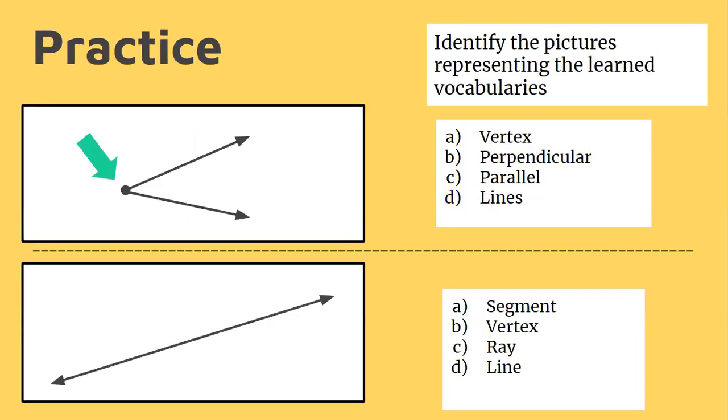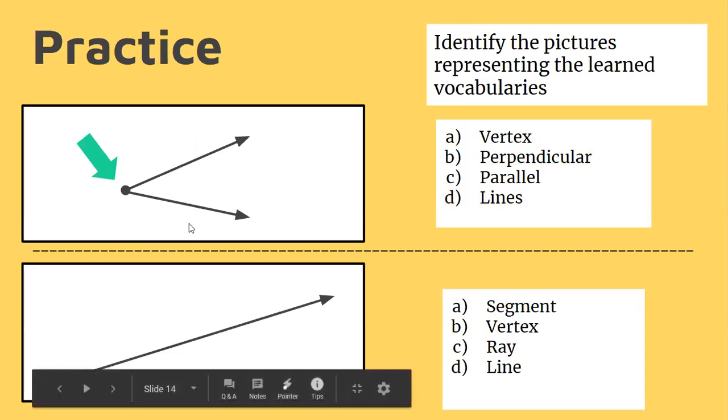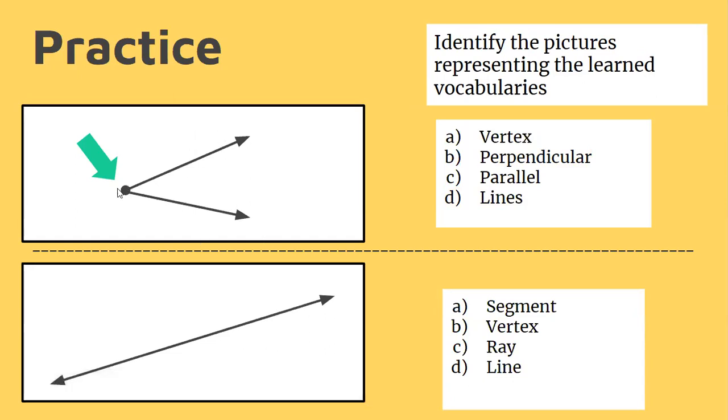All right. So the next image we have is two lines going outward, but then are connected by a dot right here. So the options you have to identify this are A, vertex, B, perpendicular, C, parallel, or D, lines.